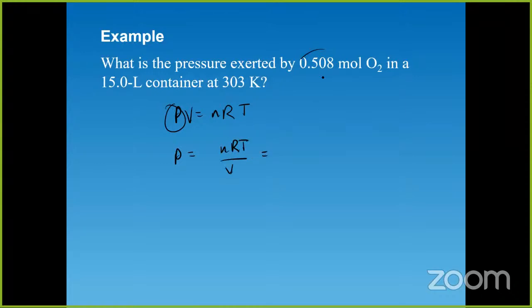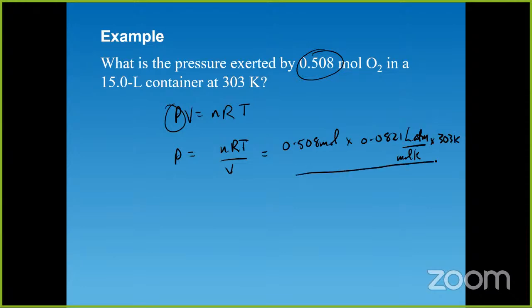So they gave you n, which is 0.508 moles, times R, which is 0.0821 liters atmospheres over mole Kelvin, times the temperature, which is 303 Kelvin, and then I will divide all of that by the volume, which is 15.0 liters, all right?